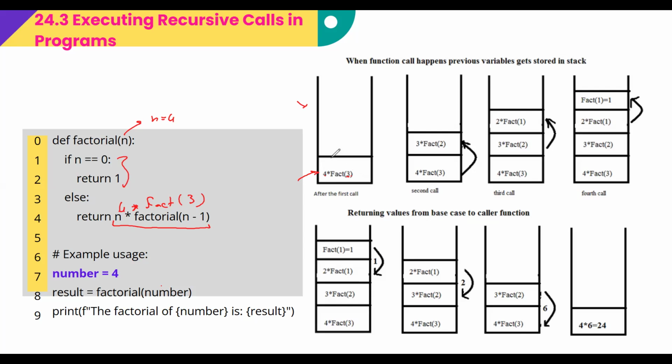This is a reserved place for the first call of the function. Then we have to make a second call, and the second call will reserve a new place in the memory. We call this area the stack. A stack is a place in the memory that we use for function calls, for defining classes, and so on.